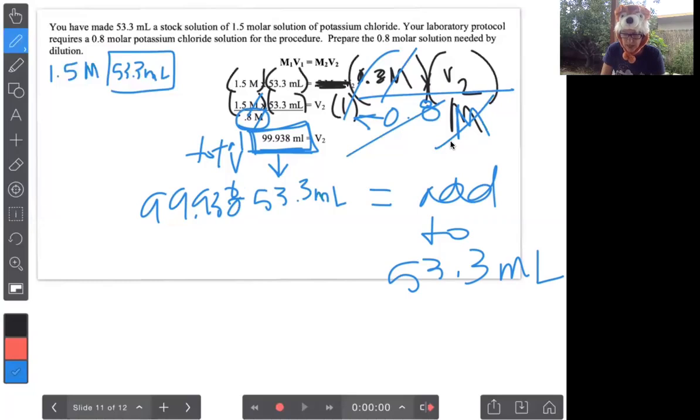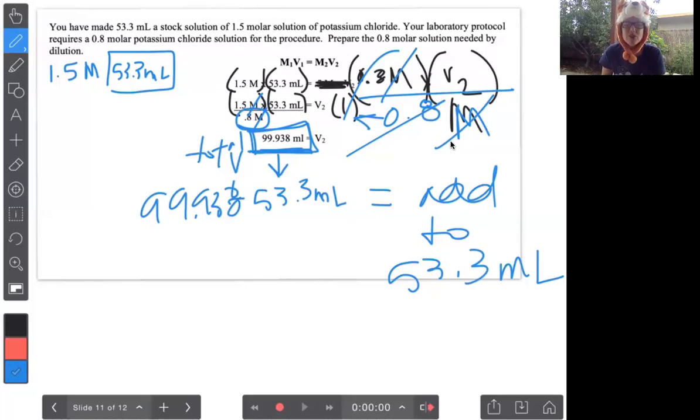We want 0.8 molar. That's our final concentration. And so that would be in our final volume, not how much we add to the 53.3, but our final volume. And so then we have to take our answer. Our final volume is 99.938 mils.